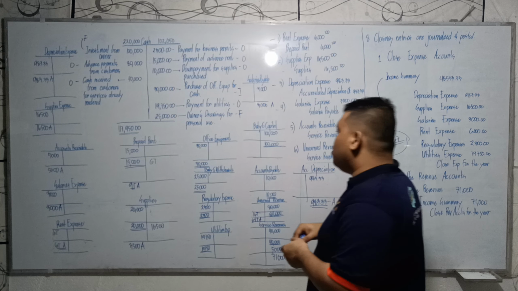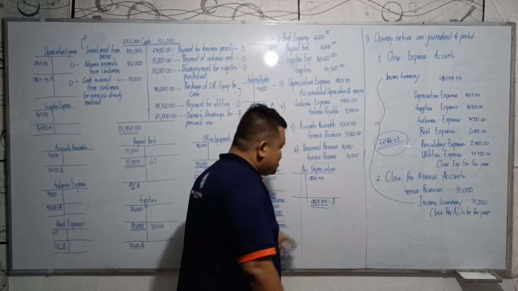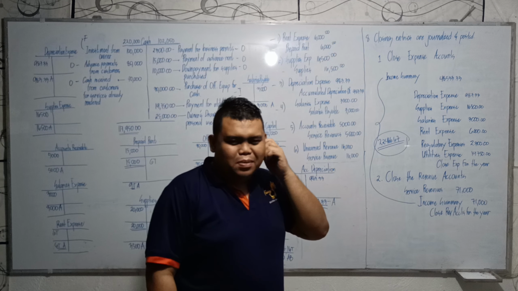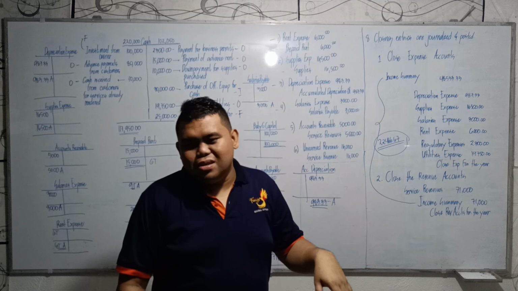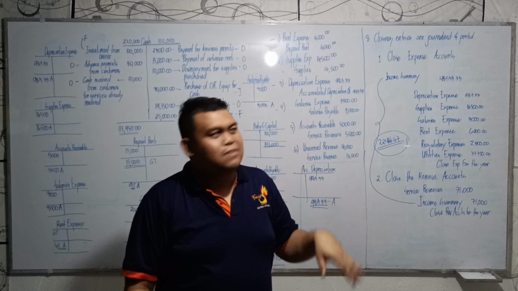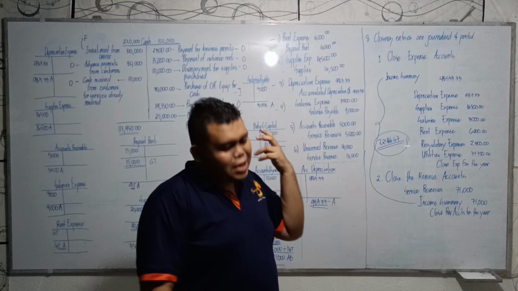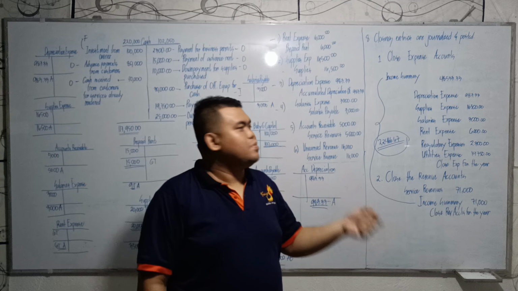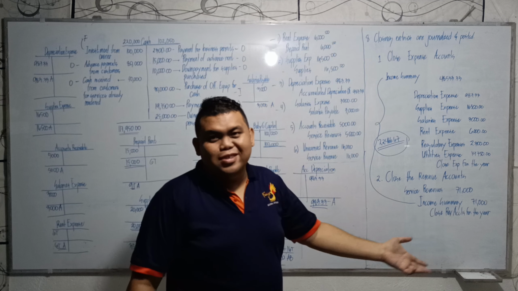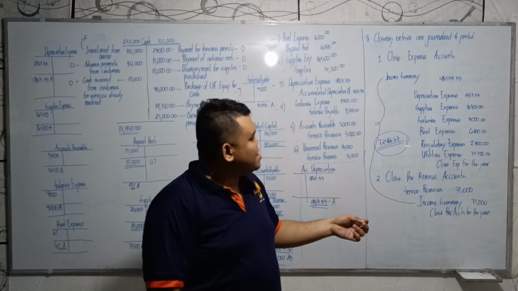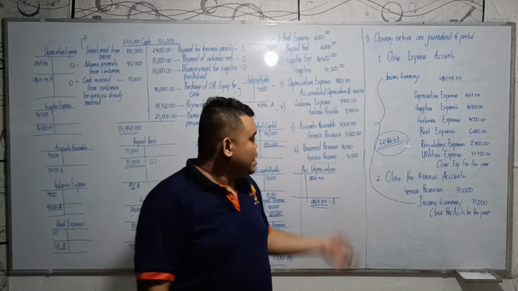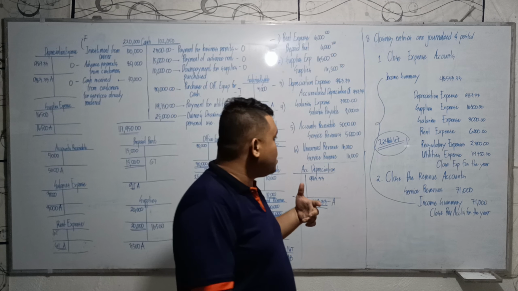By the way, if we are wrong as to the service revenues, because I cannot remember what the adjusted balance of the service revenues in our worksheet is, you just have to pick up the procedure of step 7 and step 8. Let's see later if we're correct.